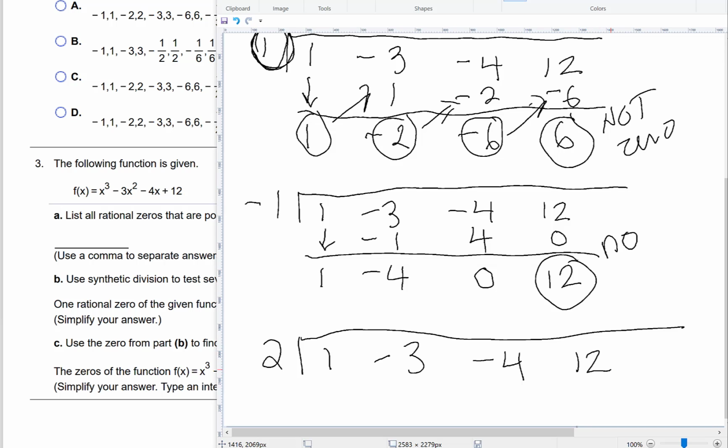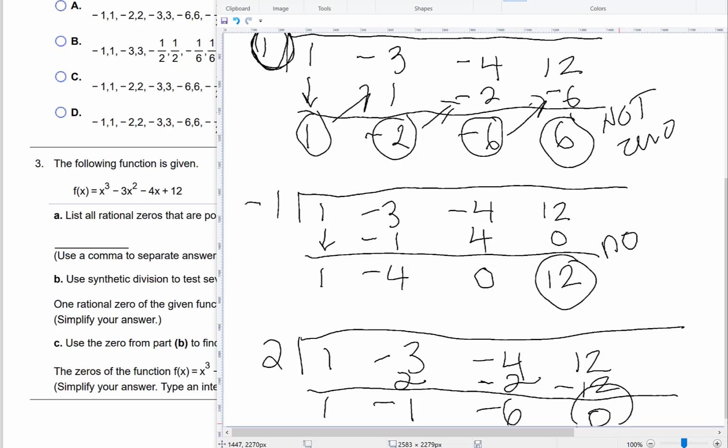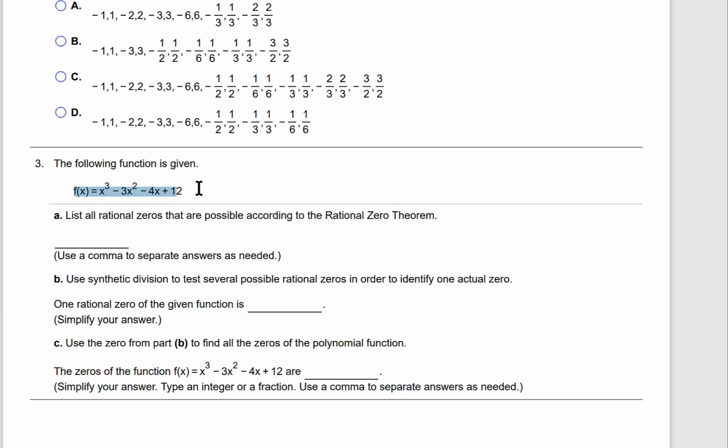So I'm going to drop down the 1. Then I multiply. 2 times 1 is 2. Add negative 1. 2 times negative 1 is negative 2. Add negative 6. 2 times negative 6 is negative 12. Add 0. That means that 2 is a 0 of this polynomial right here.